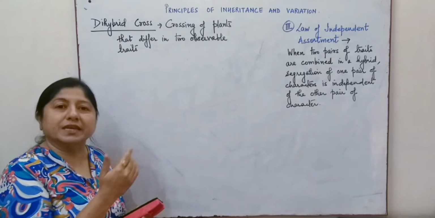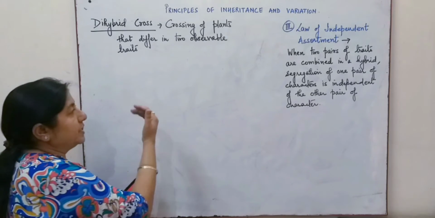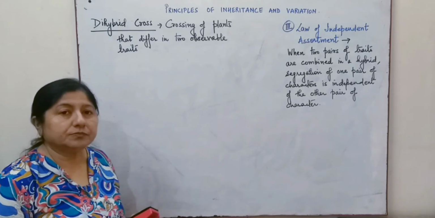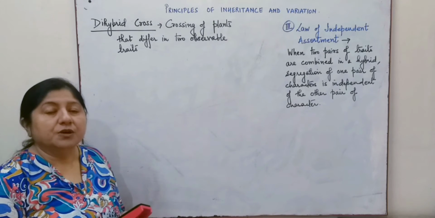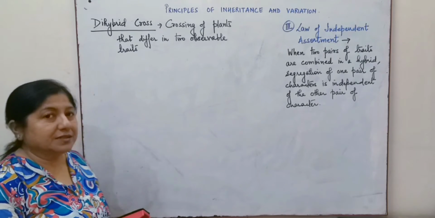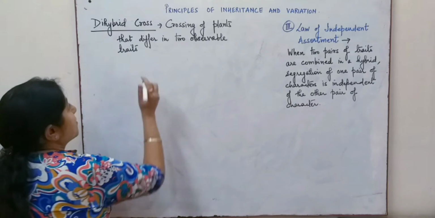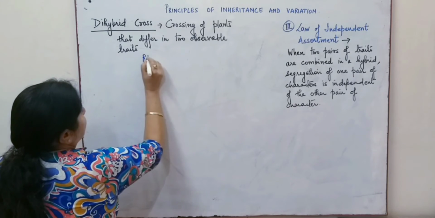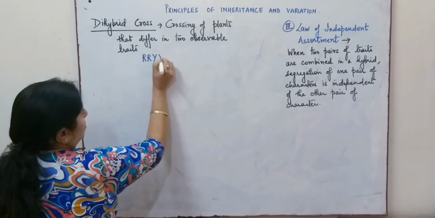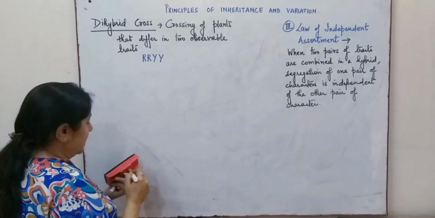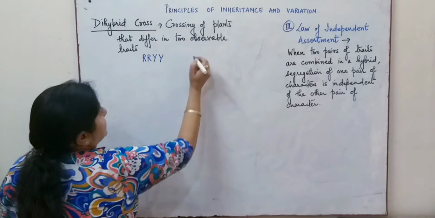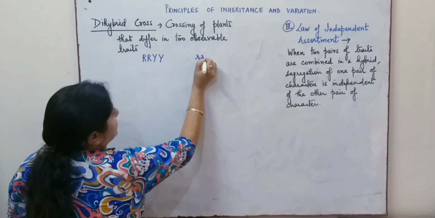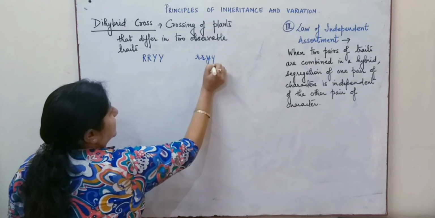We can choose any 2, but the pattern of inheritance will be the same. So over here we are taking the plant that is round and yellow, and another plant that is wrinkled and green.